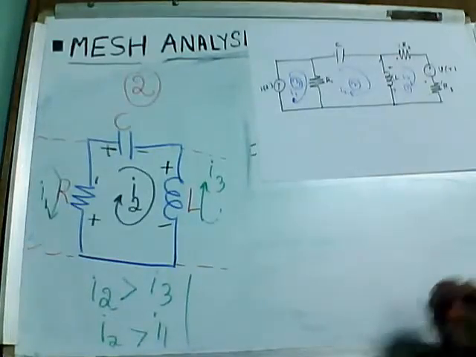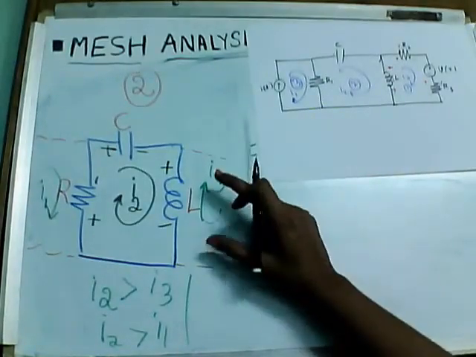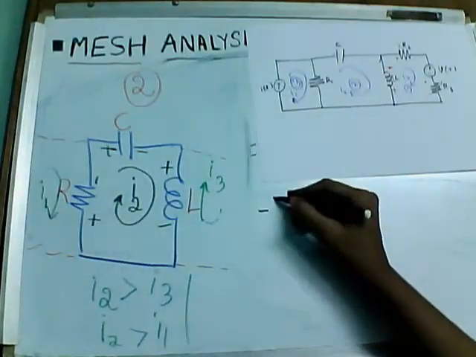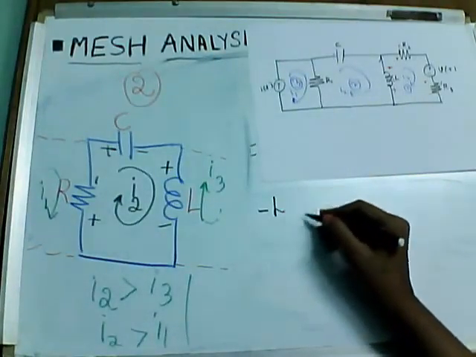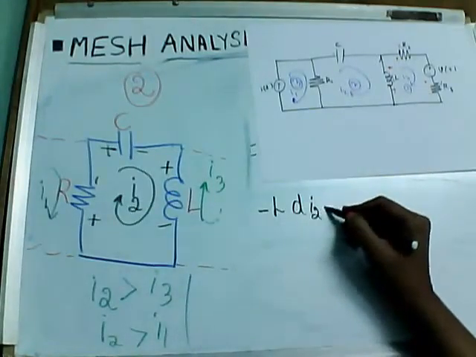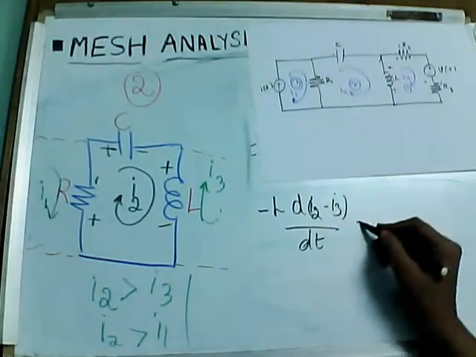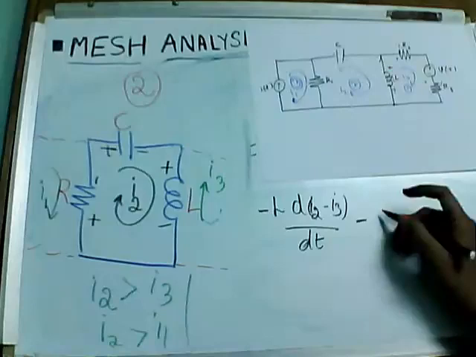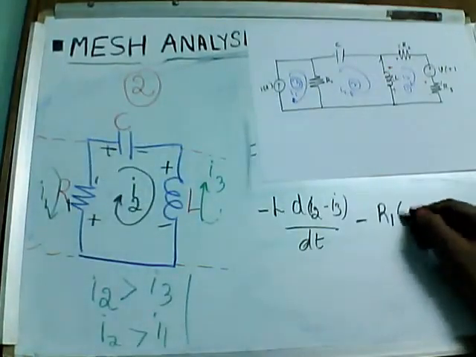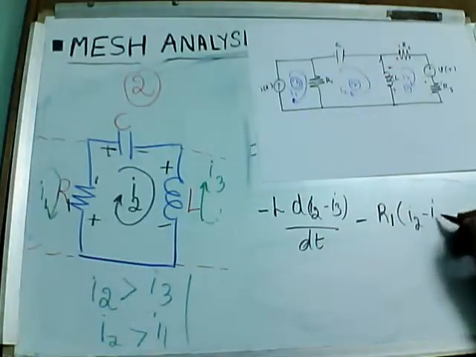So let us solve the equation. We have minus the voltage across the inductor, that is L into d of (I2 minus I3) by dt, minus resistor R1 into (I2 minus I1).